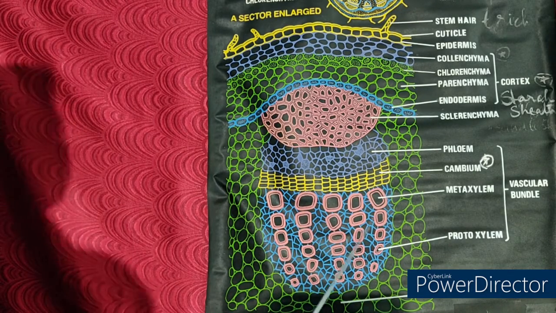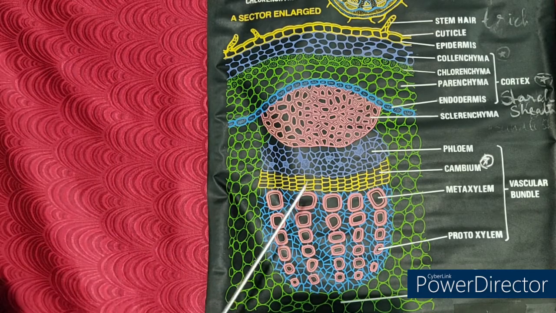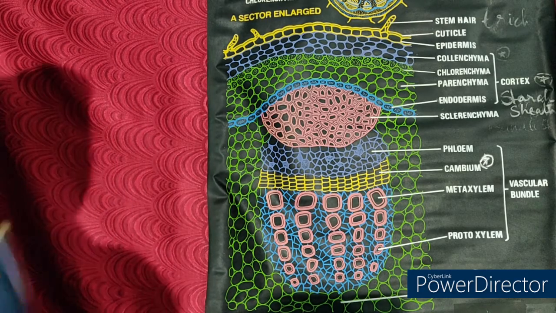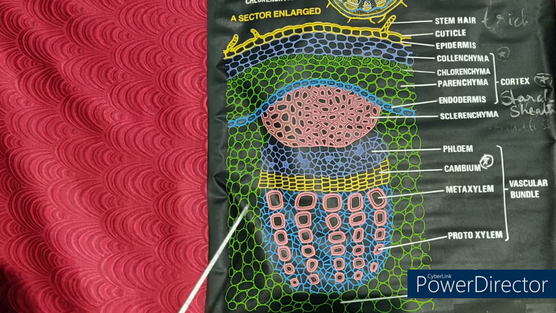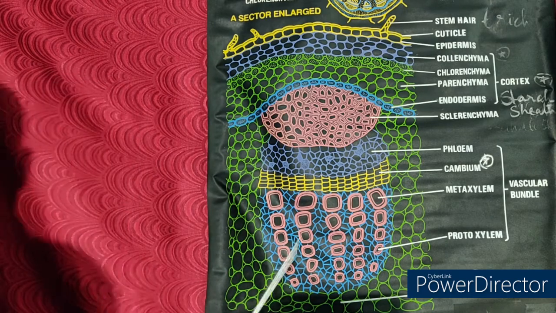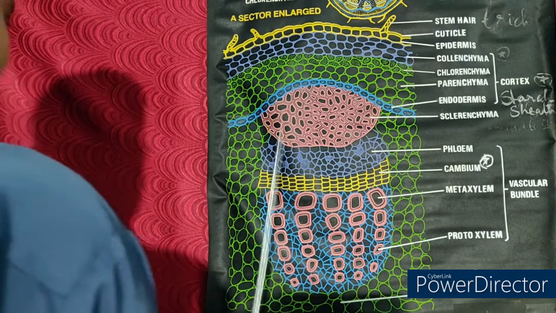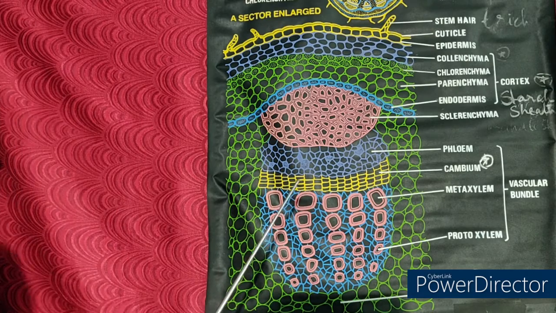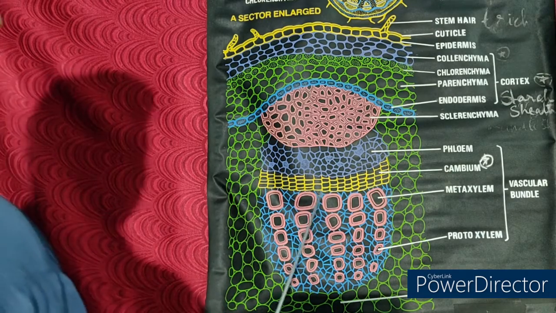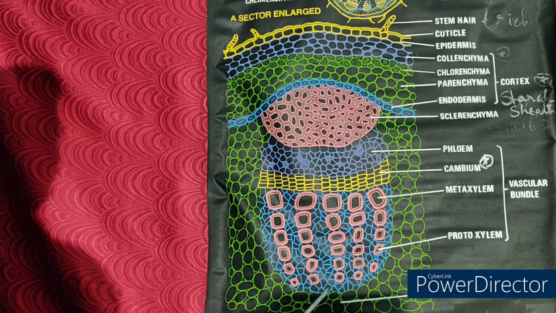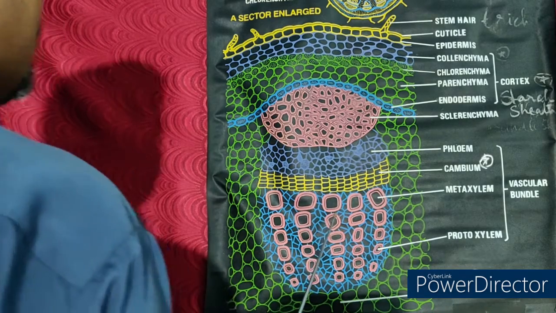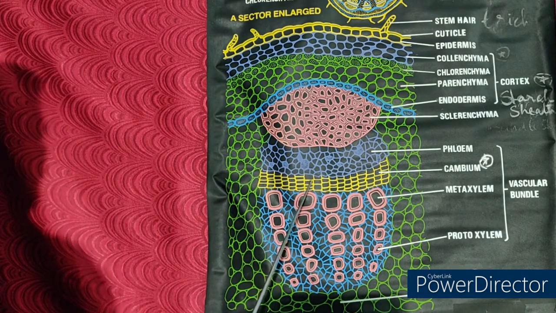Here in dicot stem, the vascular bundle is conjoint, collateral, endarch and open. So it is conjoint in nature. That is, it is not radial. You come across the vascular bundle at the same radius.